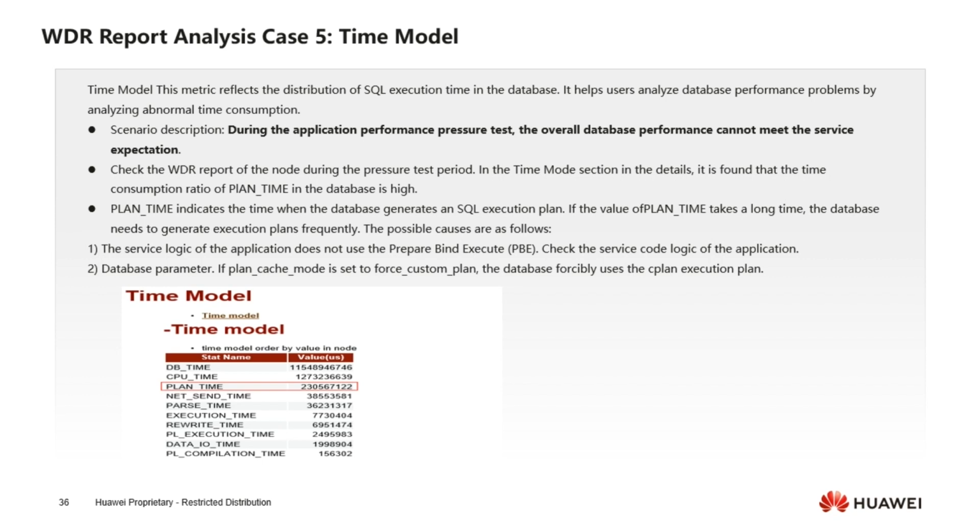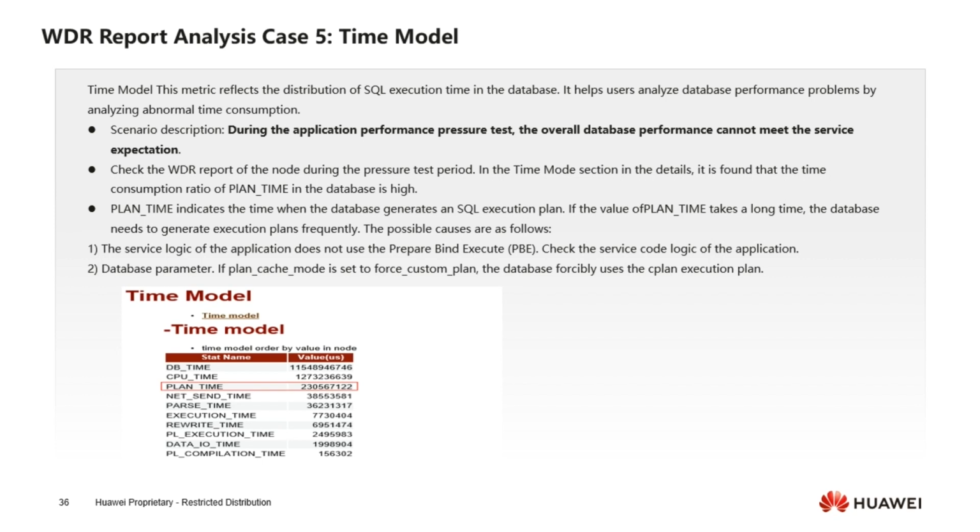Empirically speaking, it's caused by not using PBE, which stands for parse bind execute, in the database. So the database couldn't reuse the same plan for similar executions. We should check our code on the application.